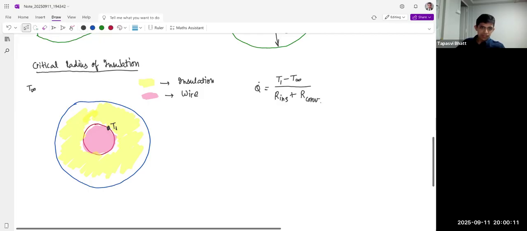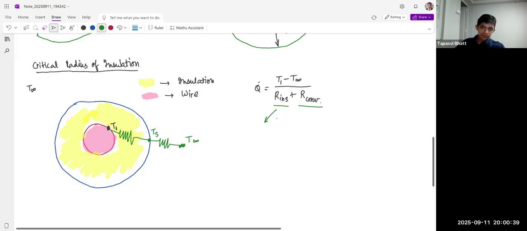Because two things are happening. Here the temperature is T1, right? From here there is one resistance up to this point, and let's say this temperature is Ts. And then there is another resistance which leads to a temperature T infinity. So essentially there are two resistances in series: R of insulation and R of convection.